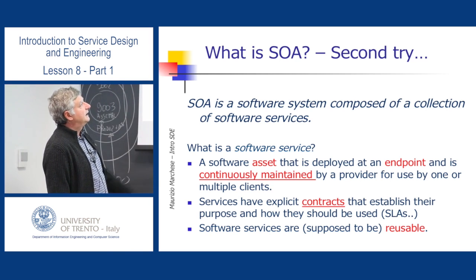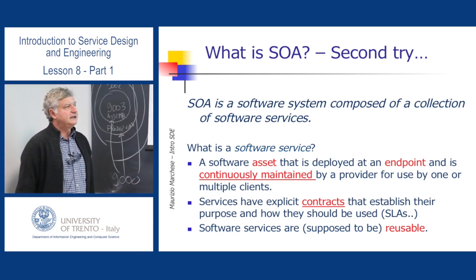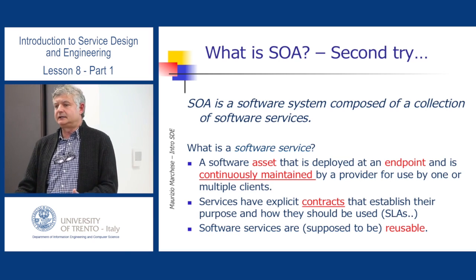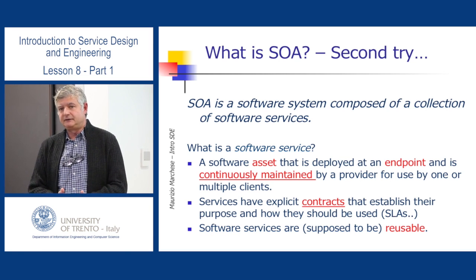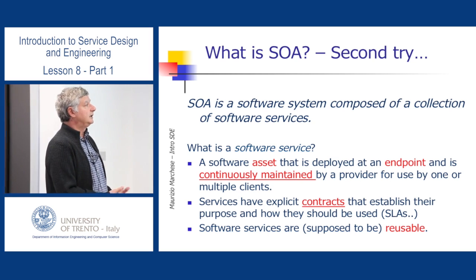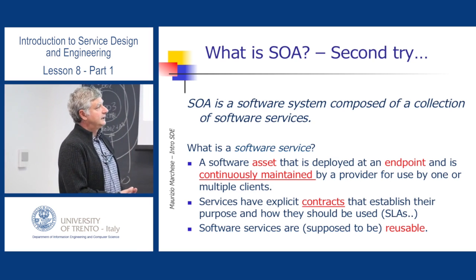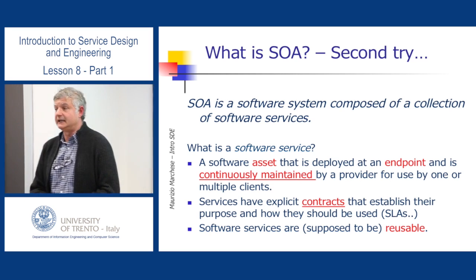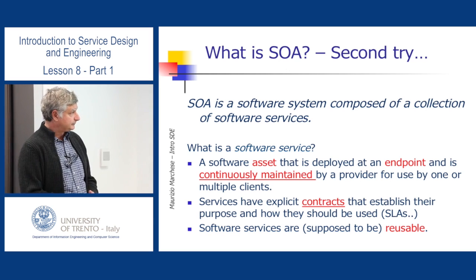Usually software services must have explicit contracts. A contract could be a technical contract, for instance the WSDL interface, or the REST interface in the case of REST services. But it also has to cover non-functional aspects like service level agreements.